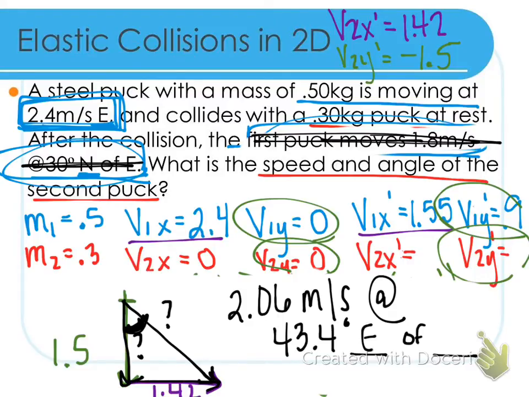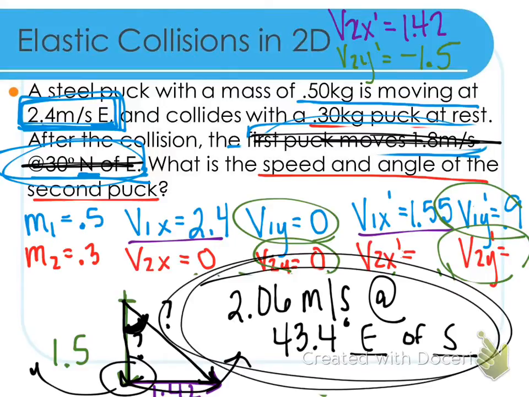East of south. Okay, and that's because it's touching the south axis, then we decide is it going east of south or west of south. Okay, so east of south. That's our final answer. Is that what we predicted? Did we predict that our second object was going to go south and east? Yeah, we did. Okay, good.